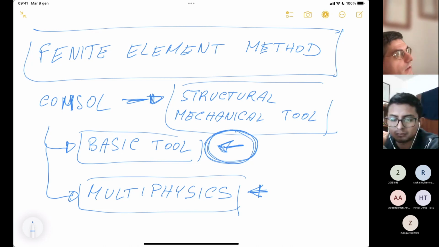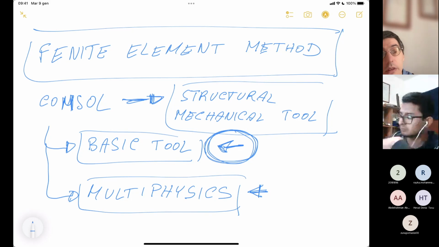Because for different models, you have to use different discretization. So you have to know what kind of discretization is good for a model and what kind of discretization is good for another model.